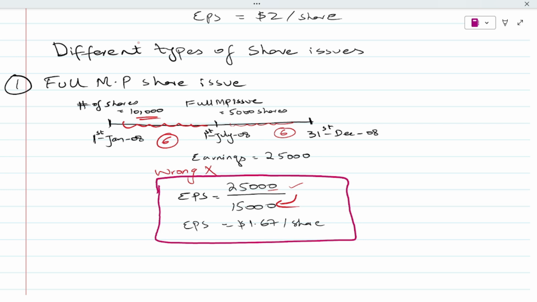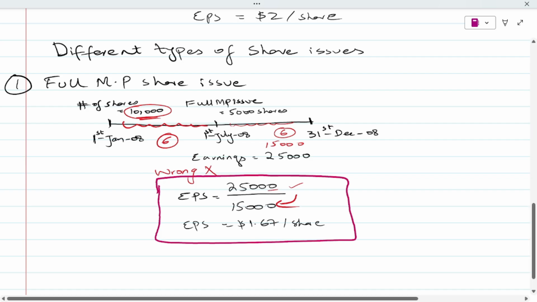So these 5,000 shares and the previous 10,000 shares, the 15,000 shares, were for these 6 months. But what about the 6 months before 1st July? You only had 10,000 shares then, right? Then why are you dividing the entire year's earning with just 6 months of shares? That is why this method is wrong, and I hope I have been successful in communicating why.